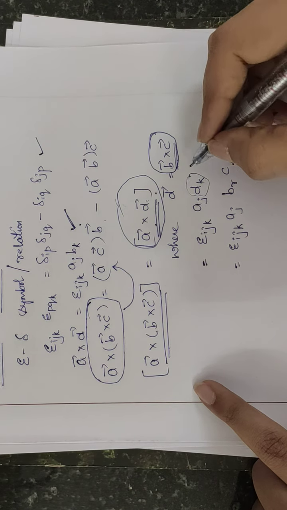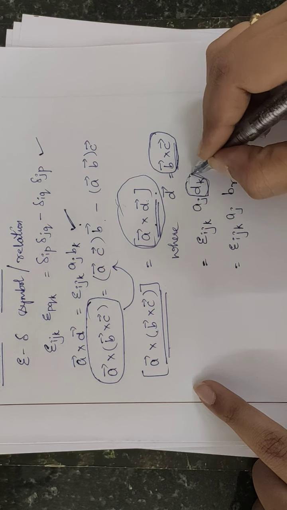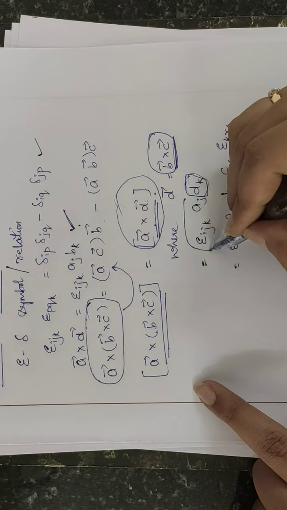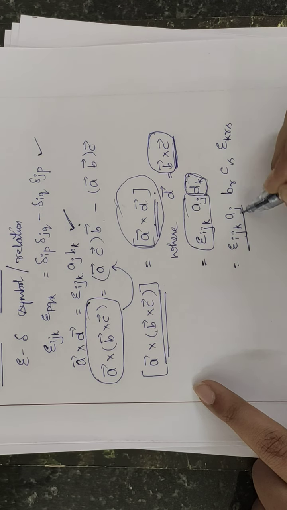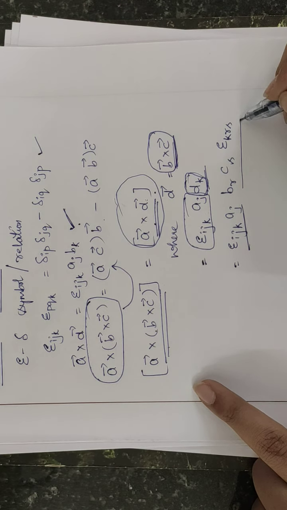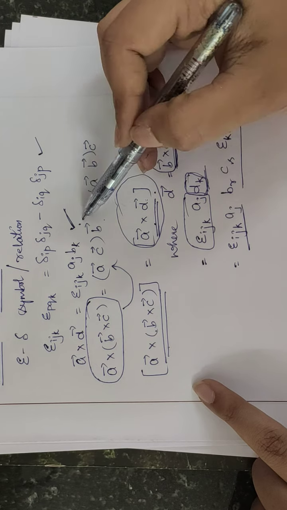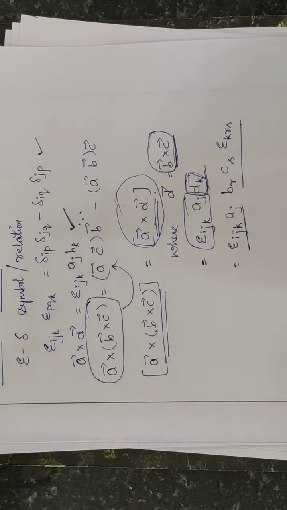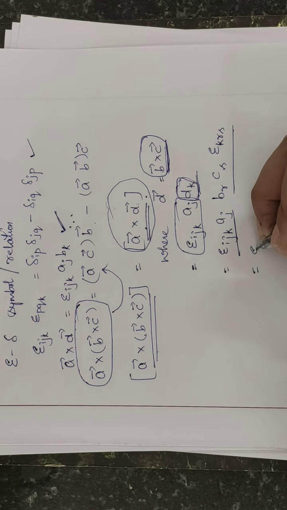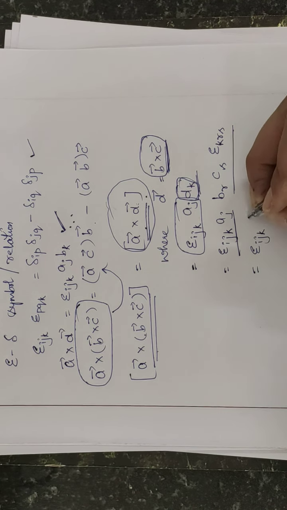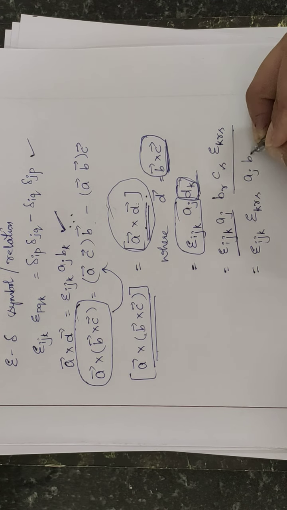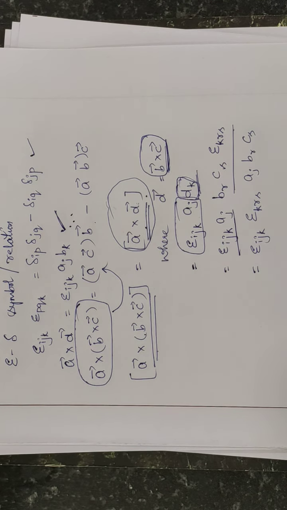Now dk is again a cross product of two vectors, so I retained this part as it is, and for this part I substituted the cross product relation. Now we can write this as epsilon ijk epsilon krs aj br cs.